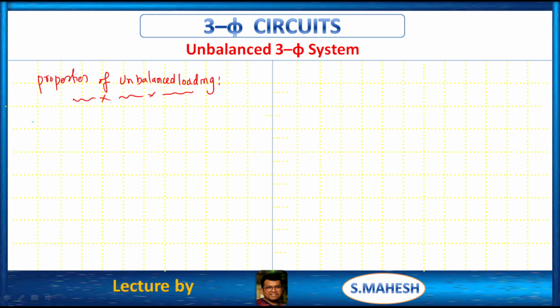First one: waveforms are disturbed in terms of magnitude and phase angle.